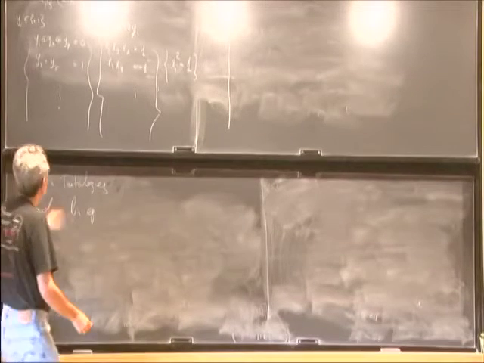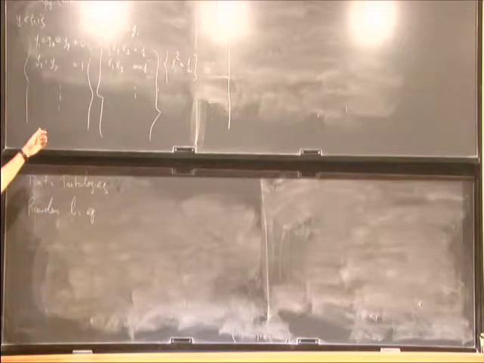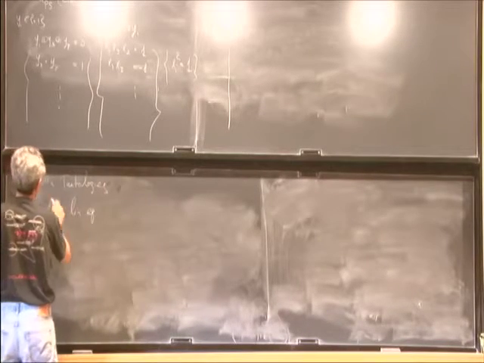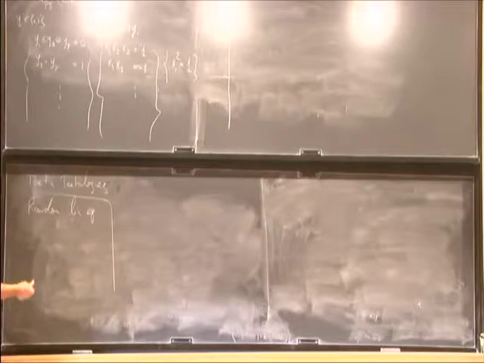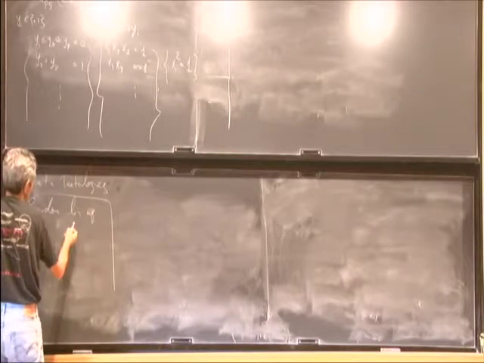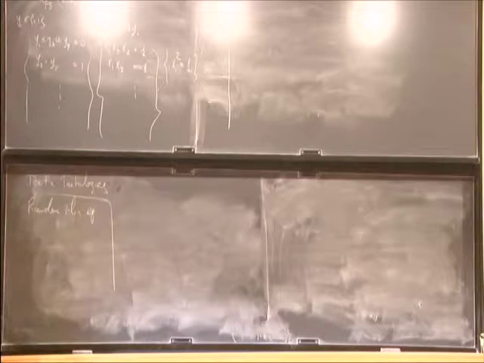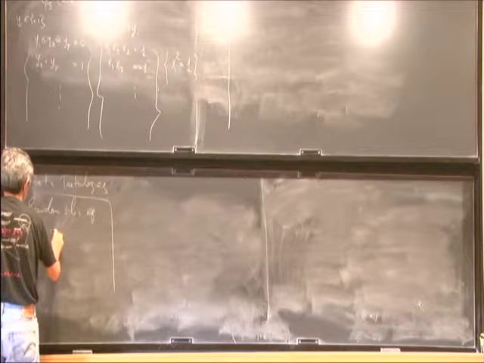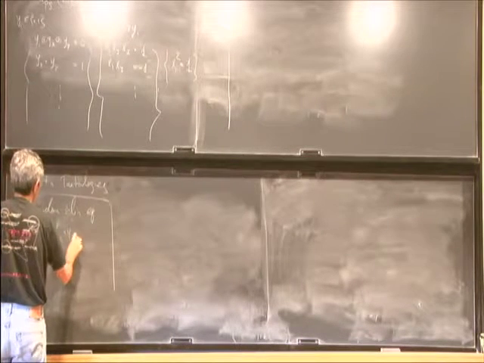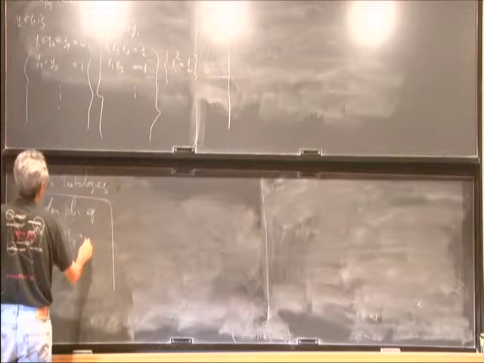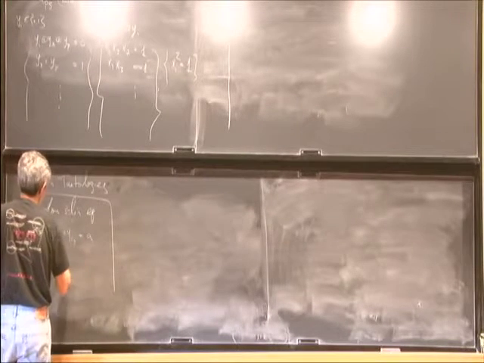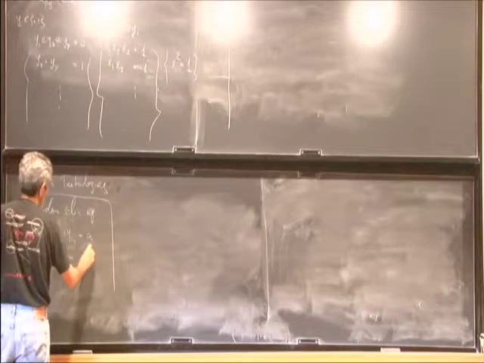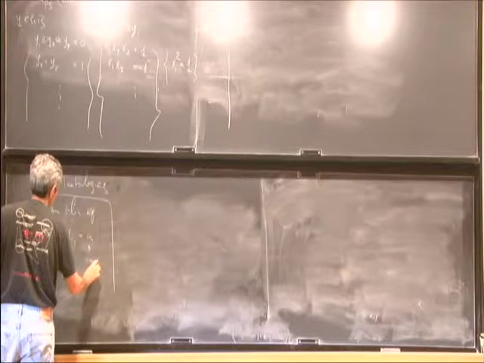So what are Tseitin tautologies? Well, actually, let me tell you first what random linear equations are. Let's say you take 3 linear equations, so each one is a sum of three variables, yi1, yi2, yi3. You pick these variables at random, 3 variables at random, and you pick this constant, 0 or 1, at random.